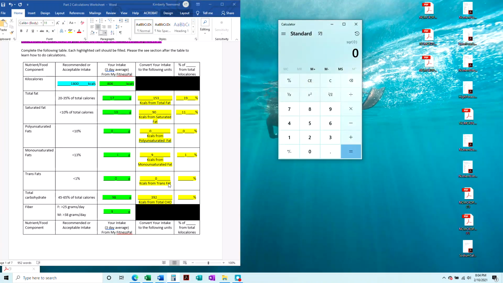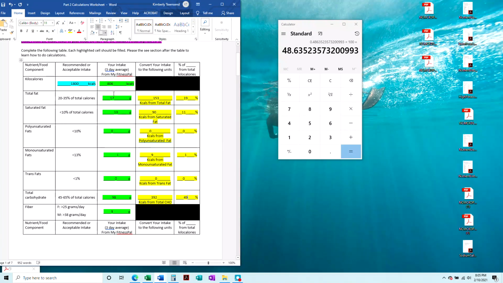The next one I'm going to carry over because it's a 0, and then this number is 392, and again divided by 806. Times it by 100, and you get 48.6. So I'm going to round that up to 49%. And that's your first page.